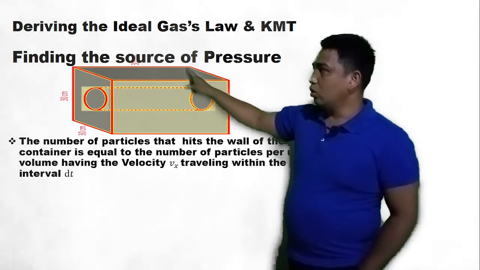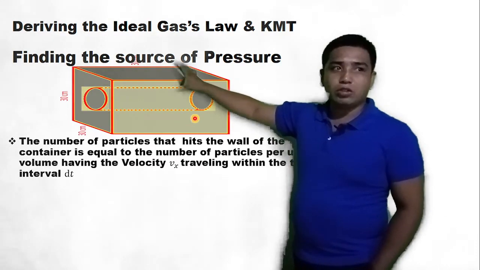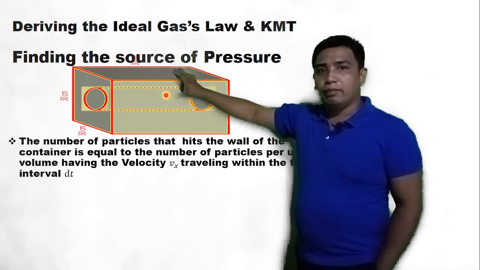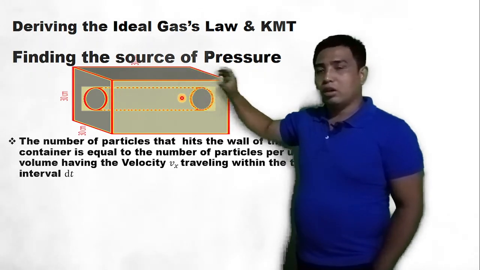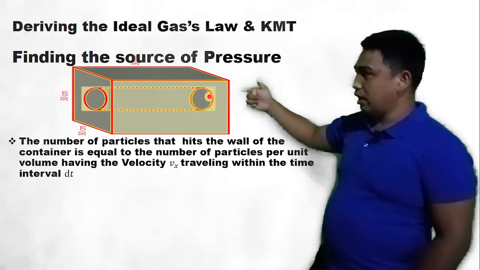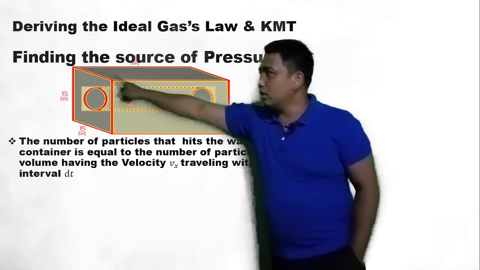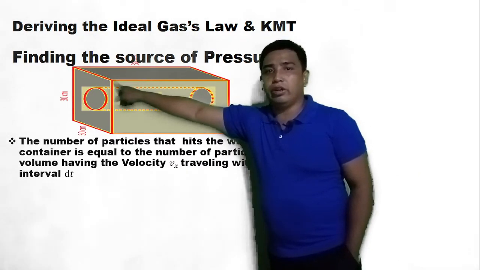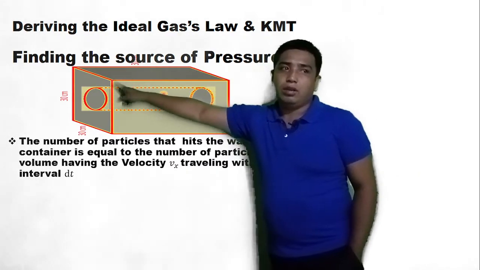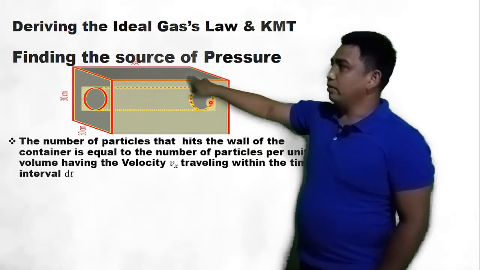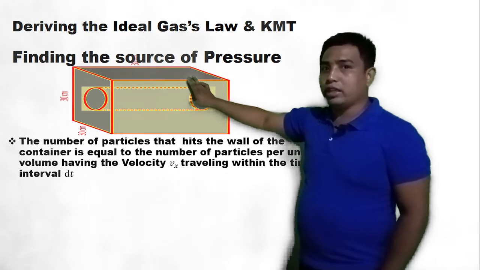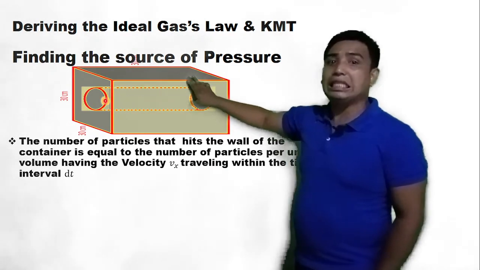So there is a concentration of particles per unit volume, and the only particles that will hit the base of our cylinder are the particles present at the other end of the cylinder within the time interval dt.